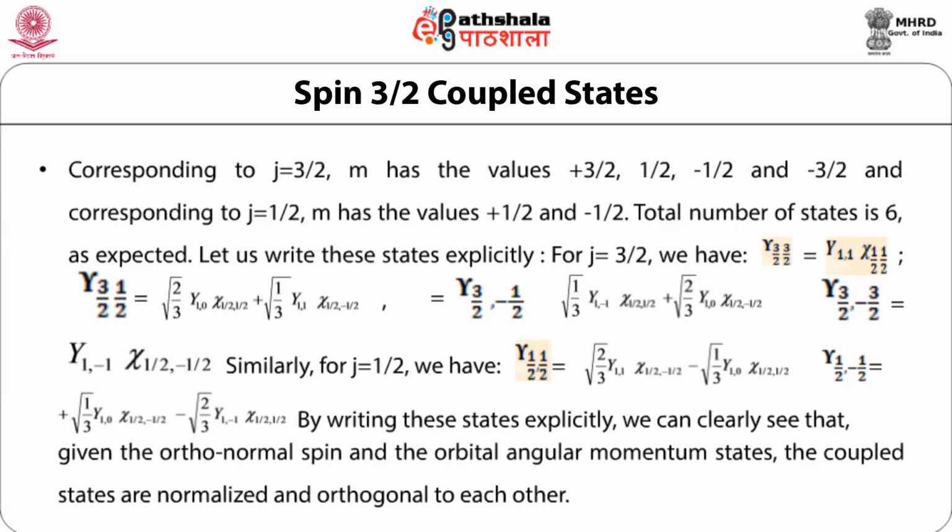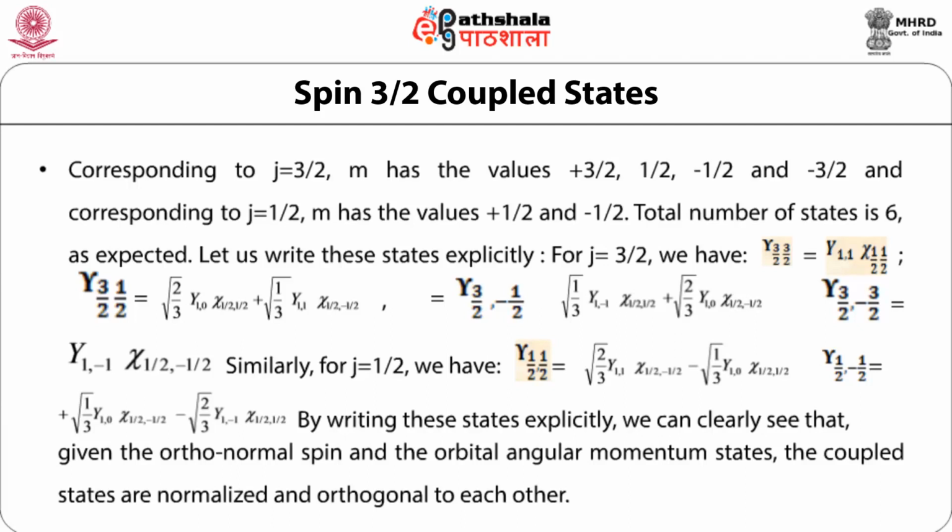That is, if J is equal to 3 by 2, then the total values that M can take are 4, corresponding to M equal to plus 3 by 2, M equal to half, M equal to minus half, and M equal to minus 3 by 2, since the values of M, that is the magnetic angular momentum, lie between plus J and minus J. In a similar manner, if the value of the total angular momentum J is equal to half, then the corresponding M values will be 2, which are given by M equal to plus half and M equal to minus half.